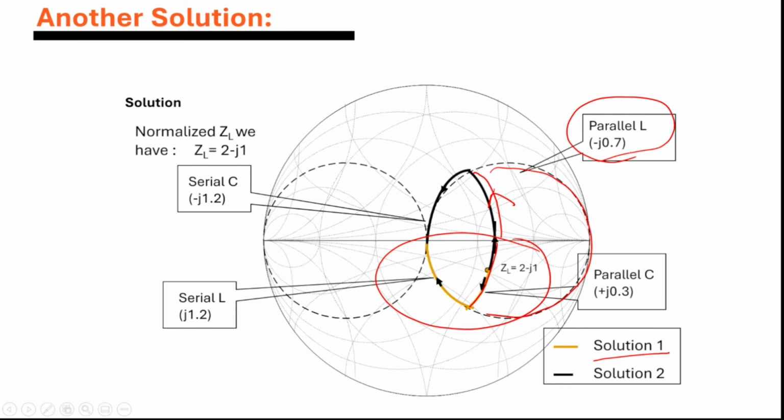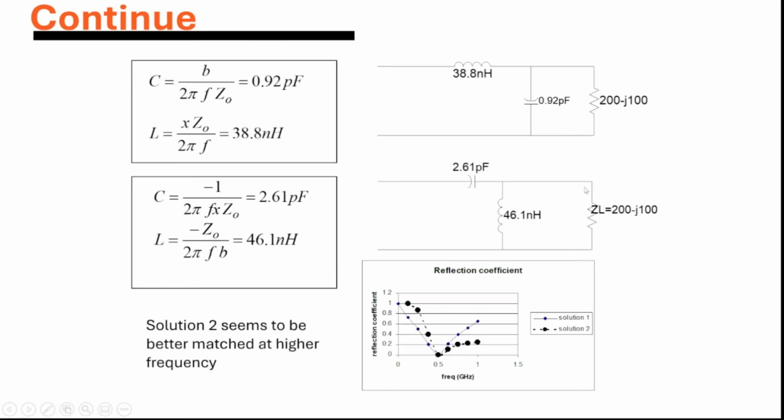This is movement 1 for solution 2. For the next movement we move downwards and find our Z0 in the middle here. If we move downward like this, we are adding a serial capacitor to our matching circuit.